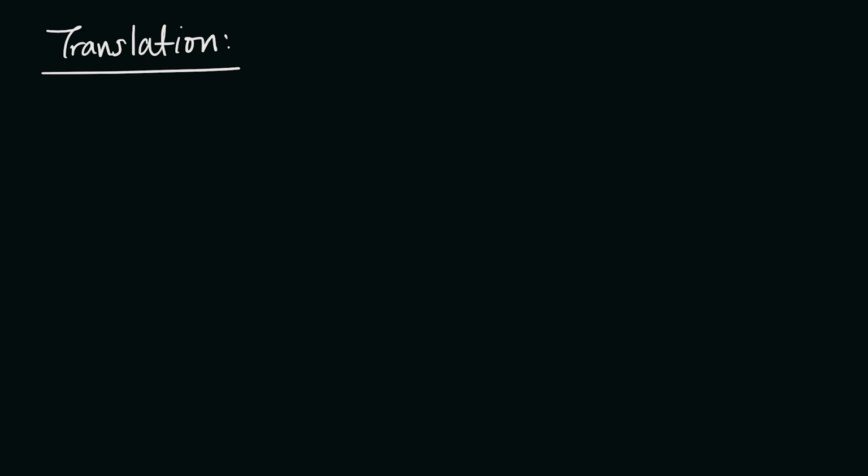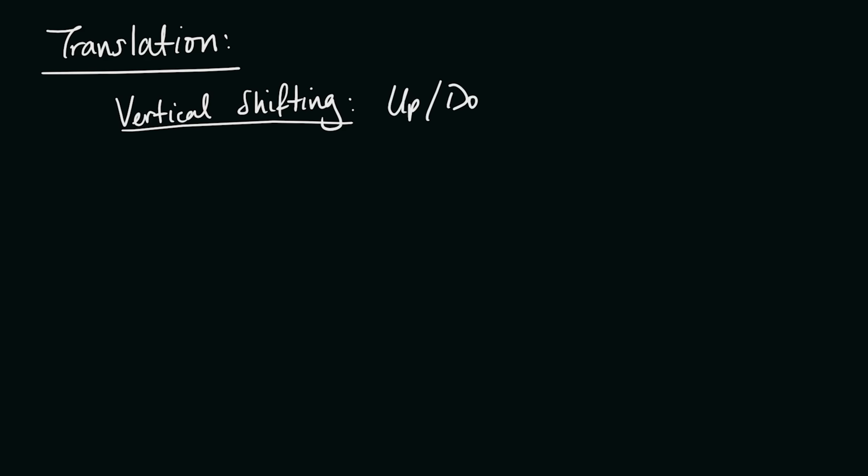So let's first start off with vertical shifting. If we're vertically shifting the whole thing, it's either going to go up or down. So we know that it's an up or down motion.